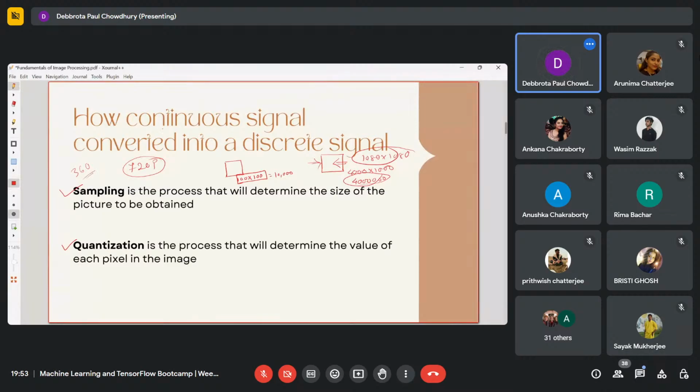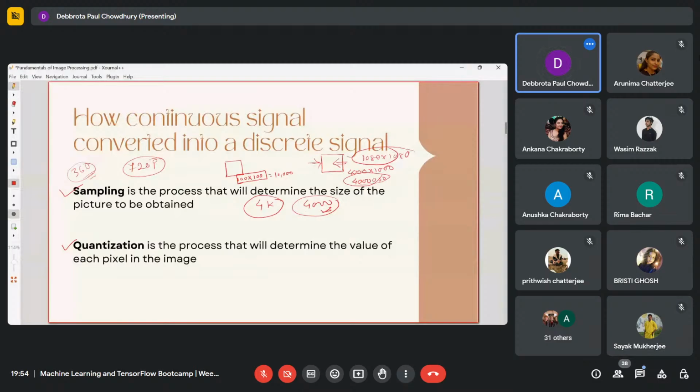So 720 is better quality than 360. Then 4K images or 4K videos. 4K means 4000 pixels, so this has higher pixels than 1080, and this is better quality. These things depend on sampling, on how the image has been sampled.